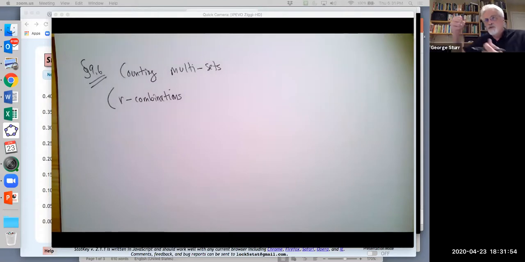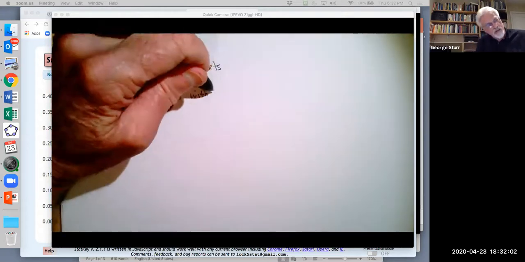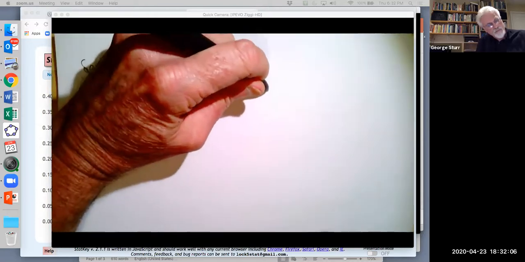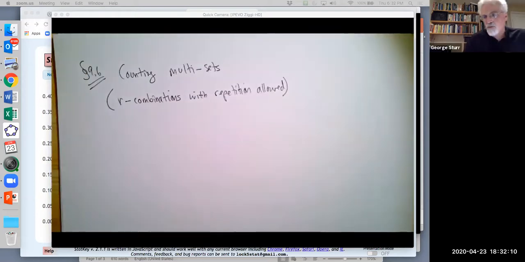I don't know, 10 choose 3, for example. But with repetition allowed. That will make sense when we get into the problem, okay? So, recall.